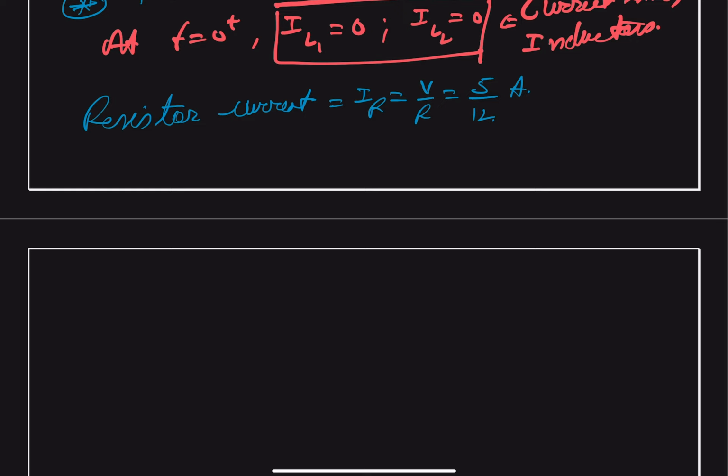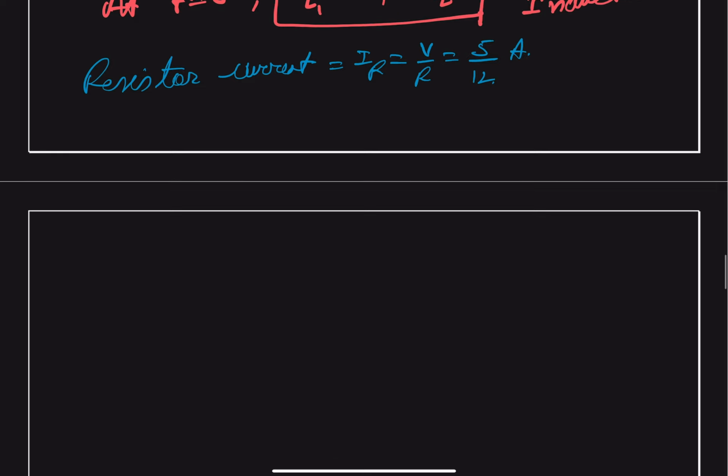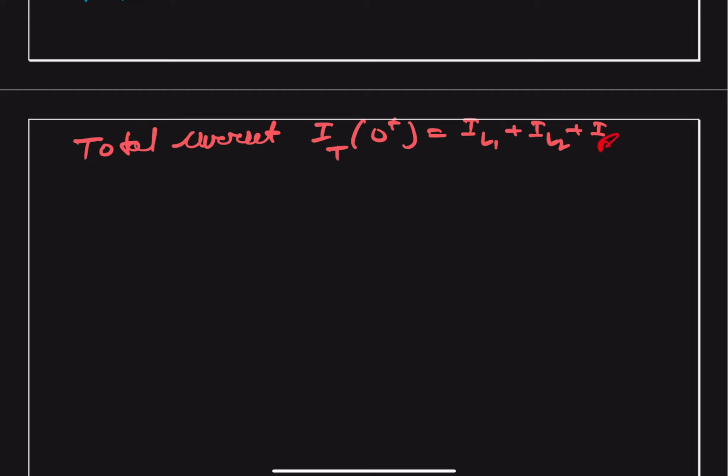So we can find out the total current, I total at 0 positive, which will be equal to IL1 plus IL2 plus IR, and this comes to 5 upon 12 amperes.